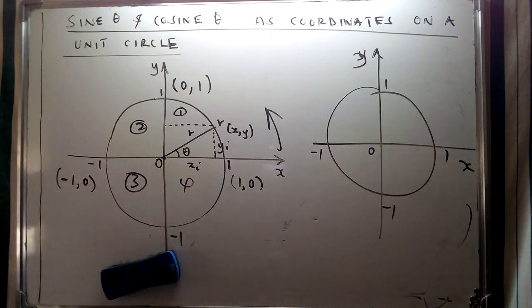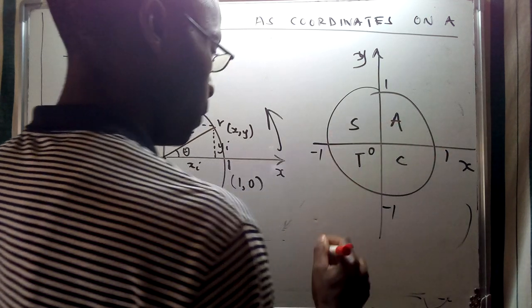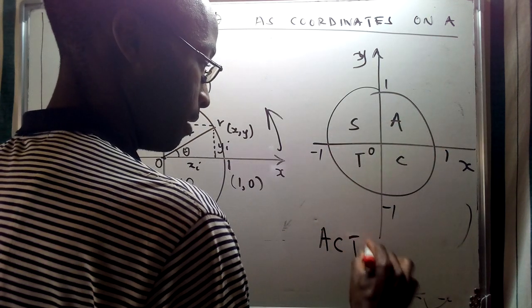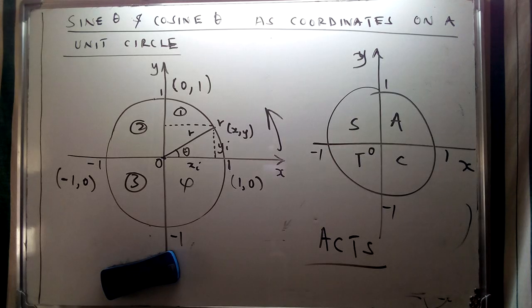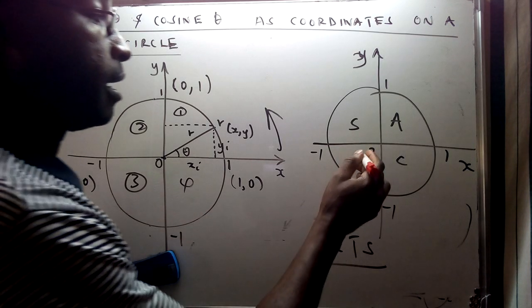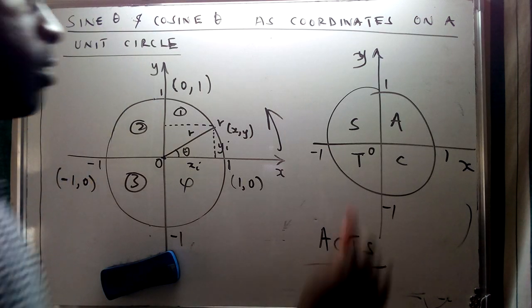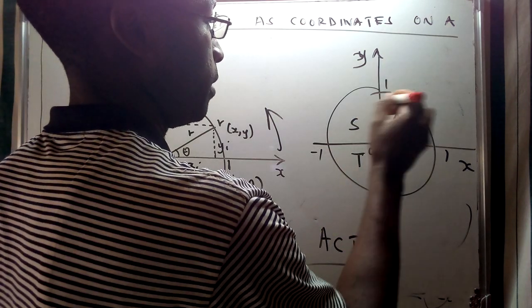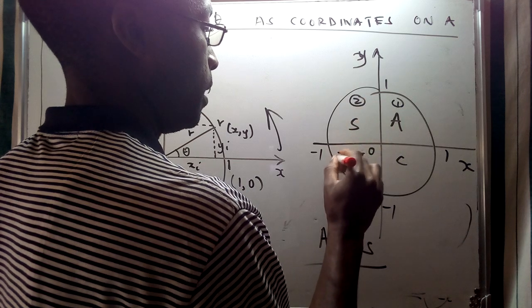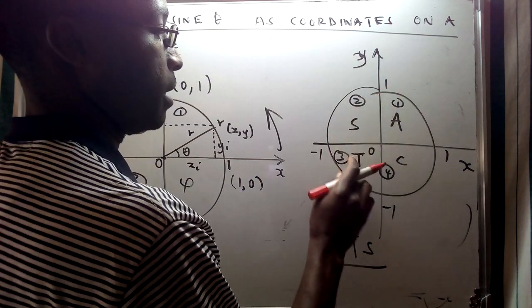So we're going to have another acronym that I'm going to give, which is going to be represented as ACTS. This ACTS is going to assist us to know which specific ratio is positive at what quadrant. So if we name the quadrants in order of that counterclockwise direction, I'm going to have the first, second, third, and fourth.